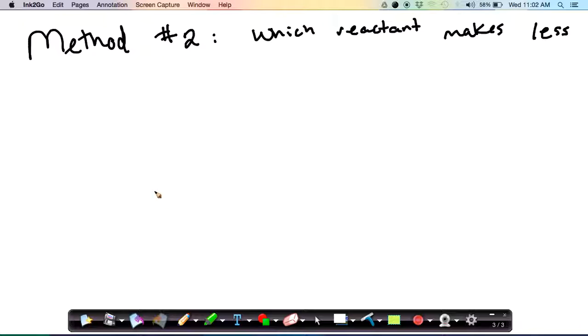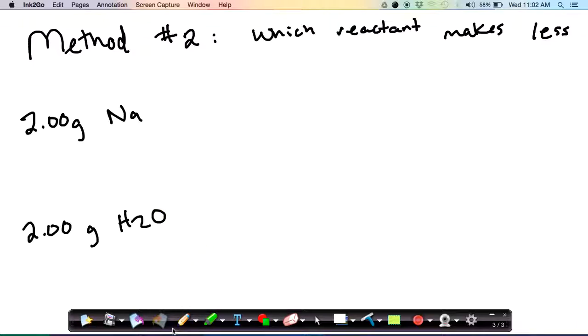This is an equally valid way to think about limiting reactant. What we're going to do with method number 2 is we're going to set up a stoichiometric calculation for each of the starting reactant masses. So 2.00 grams of sodium and 2.00 grams of H2O.